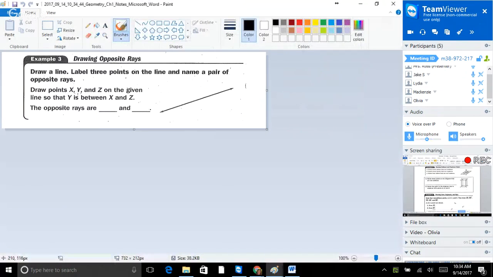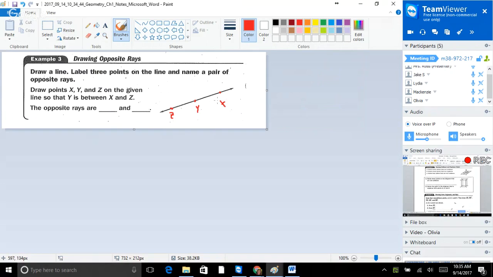So draw points X, Y, and Z on a given line so that Y is between X and Z. So let's just follow the directions. So we've got point Y. We've got point X. And we've got point Z. There we go.